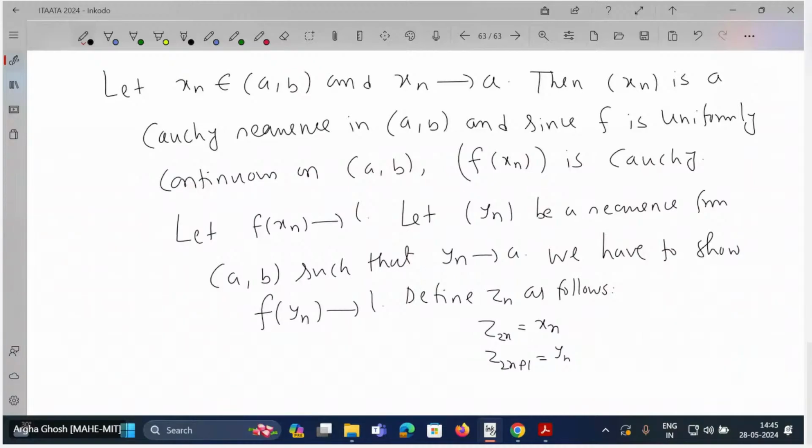Now both xn and yn converge to a, and obviously zn is a sequence in the open interval (a, b), so zn converges to a. Hence zn is a Cauchy sequence in (a, b), correct?